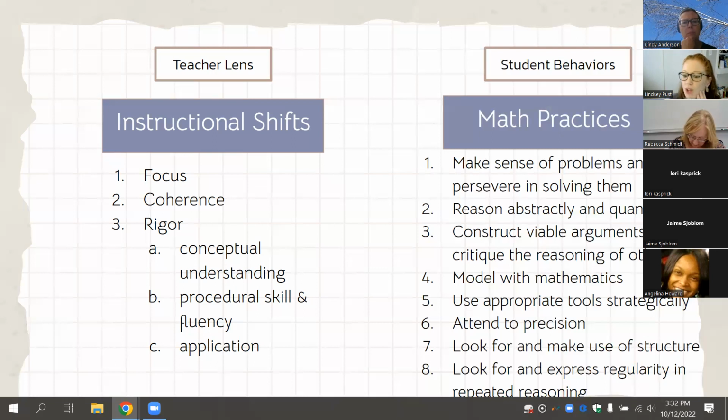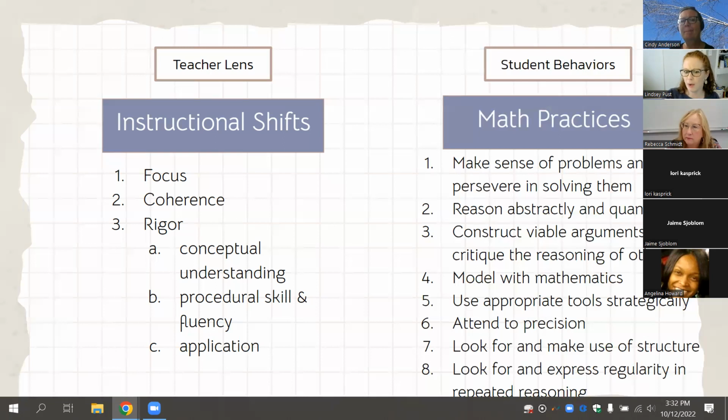So being able to go back and forth, constructing viable arguments and critiquing the reasoning of others. This was a huge one that was talked about in the foundations course with which one doesn't belong, and being able to look at a choice of 4 and say, this one is different than the other 3 because, and developing that argument, being able to hear others' arguments and saying, oh yeah, okay, I see what you're saying, or I disagree.